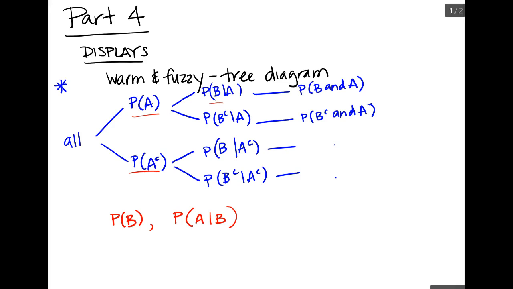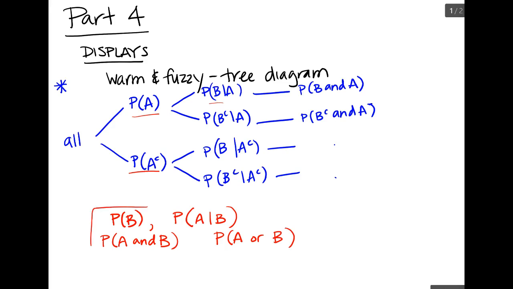And just remember, there are 4 different types of probabilities: the thing by itself, our marginal; the thing together, our joint, or the "and"; our "or"; and also our conditional.